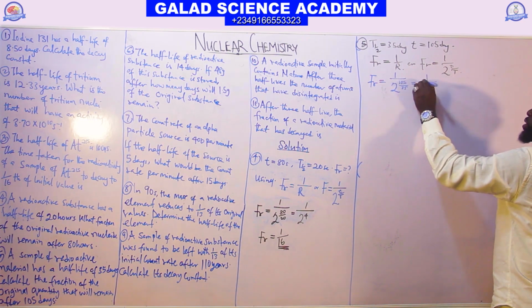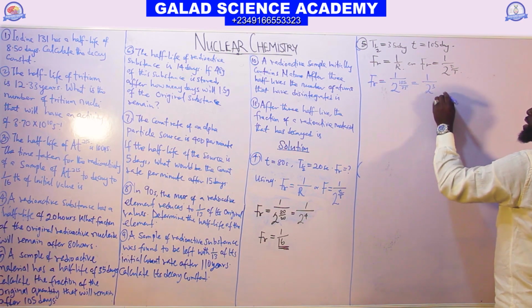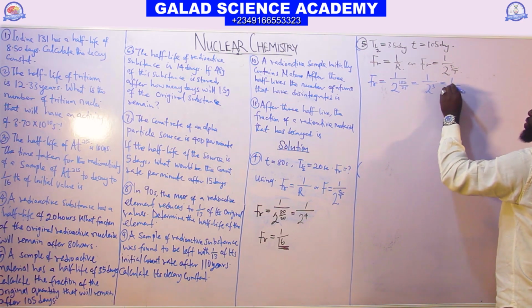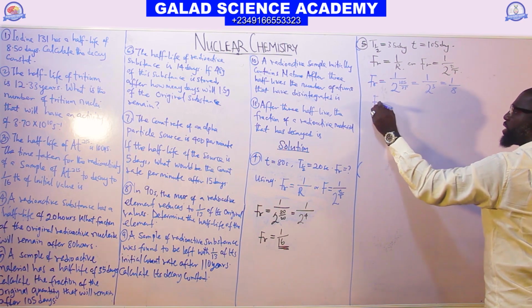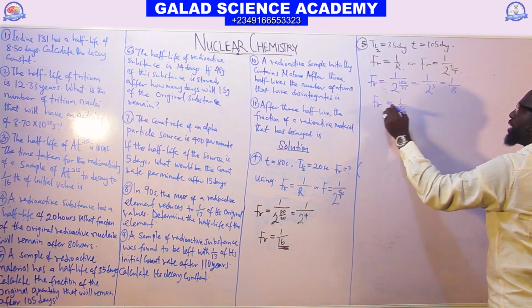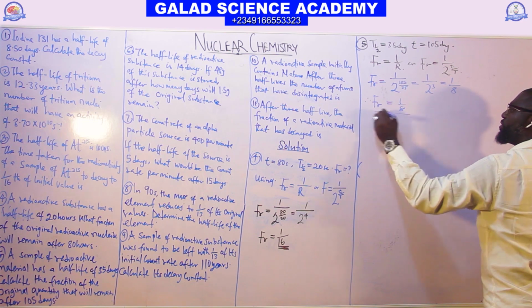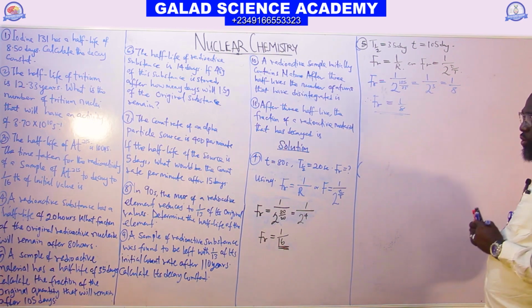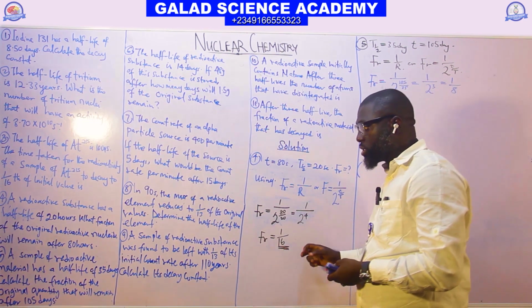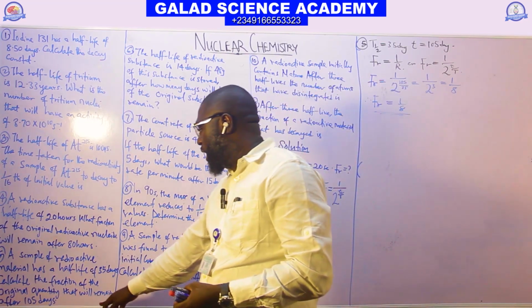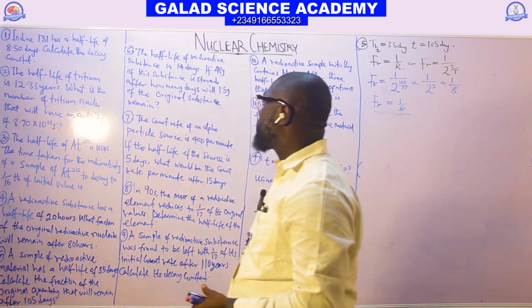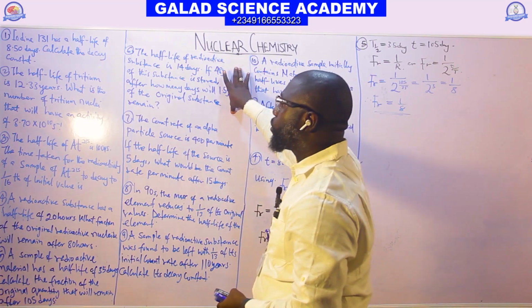We now have 1 over 2 raised to the power 3. So the fraction remaining will be 1 over 8. Anywhere you're asked to find the fraction remaining, don't forget to use this short trick. So that's the answer for question 5.